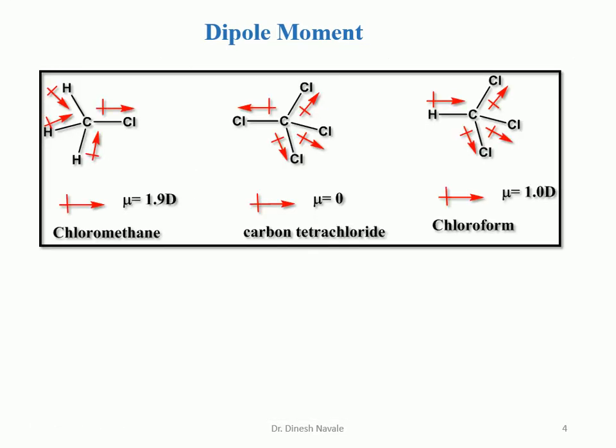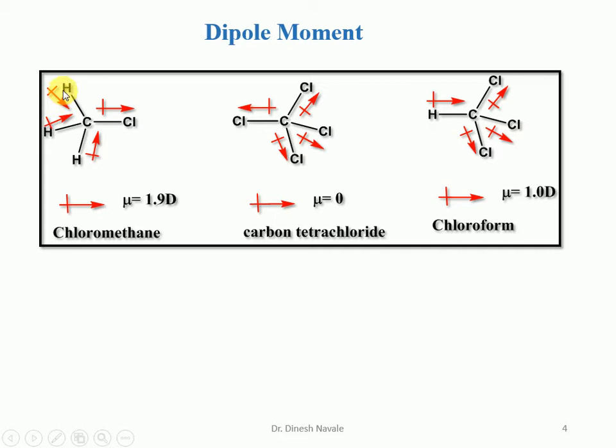We have some examples of compounds, showing which molecules can show a dipole moment and which cannot. The first example is chloromethane, which has a tetrahedral geometry, with 3 carbon-hydrogen bonds and 1 carbon-chlorine bond. In the carbon-hydrogen bond, carbon is slightly more electronegative than hydrogen, so carbon will withdraw the electrons towards itself, making this arrow.